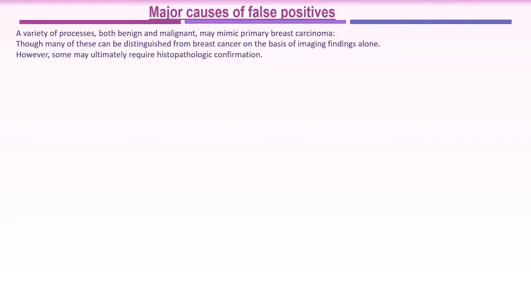And we said these include, what? What are the major causes of false positive? We divided into 6 groups. Fat necrosis. Scarring, like radial scar.